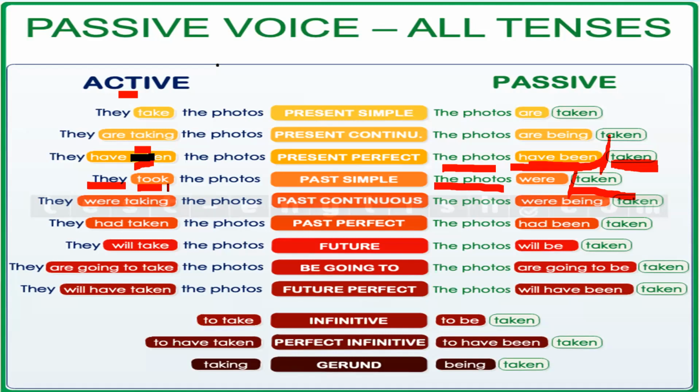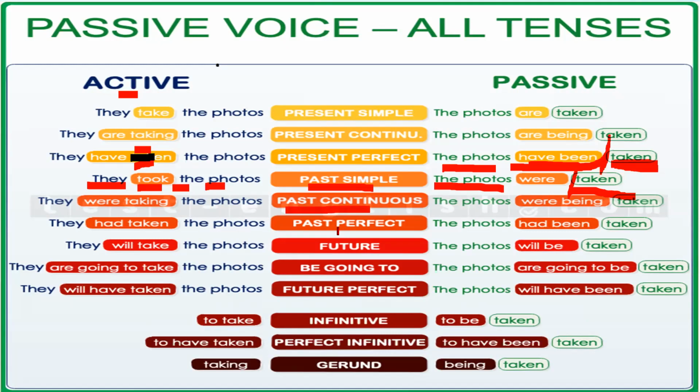So how to express this past simple tense for the object which is plural? Sir, for plural we use were. The photos were taken. Yes, were, because simply this is the past simple tense.